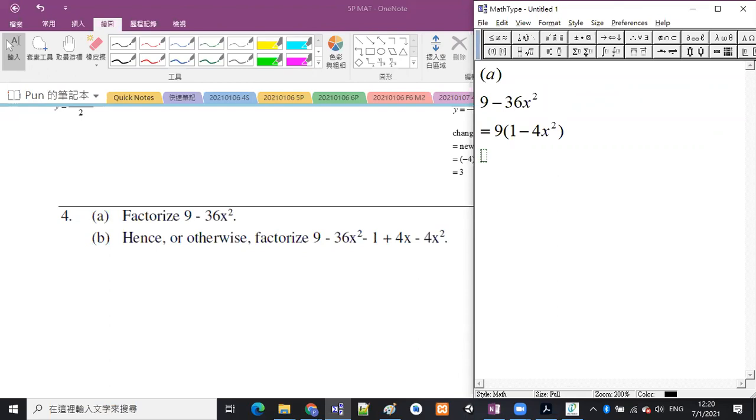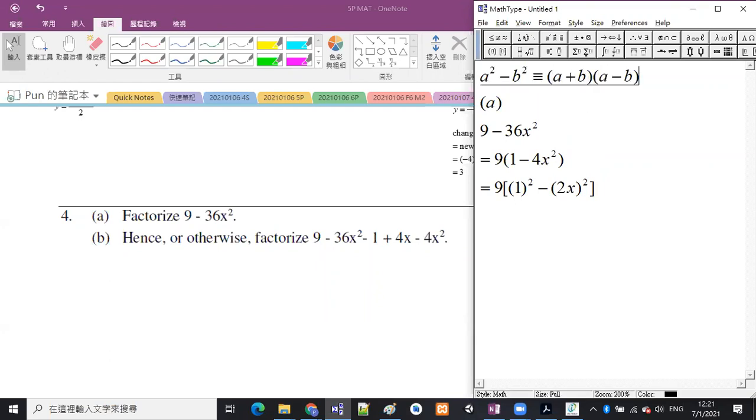Then 1 minus 4x squared is not the end. I hope you can see that 1 is actually 1 squared, and 4x squared is actually (2x) squared. Can you see this? Then I'm going to use this identity: a squared minus b squared is equal to (a plus b)(a minus b).